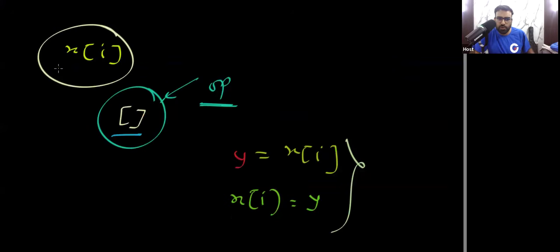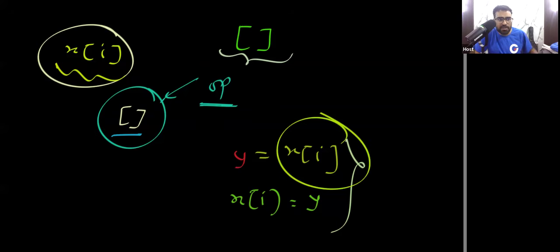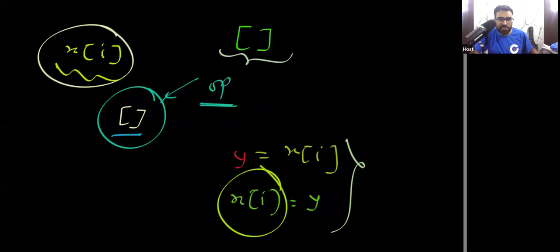Notice one thing: to store this in the triple representation or quadruple representation, you might be thinking that yes, the operator is basically this bracket. That is right. But this operator either can be on the right side or on the left side of the assignment.